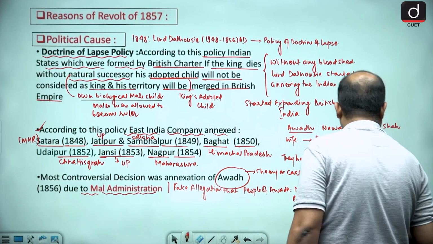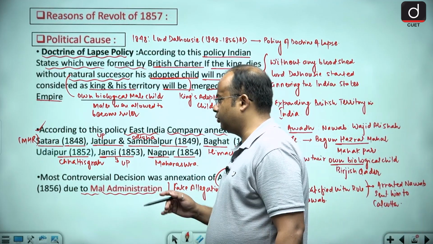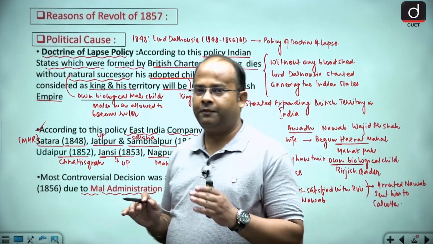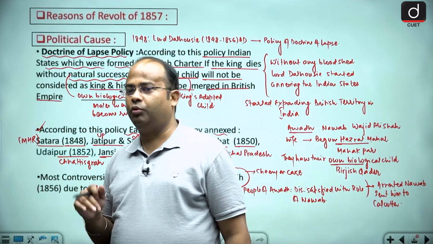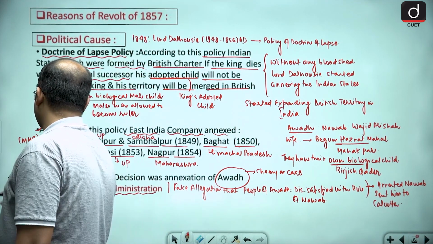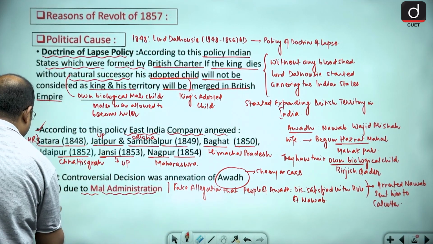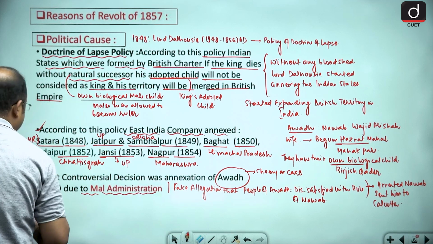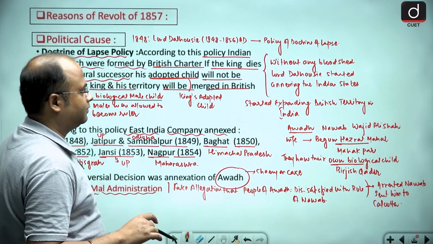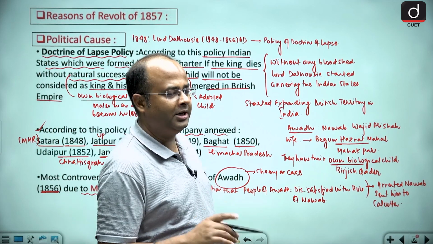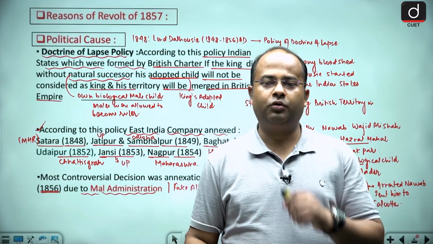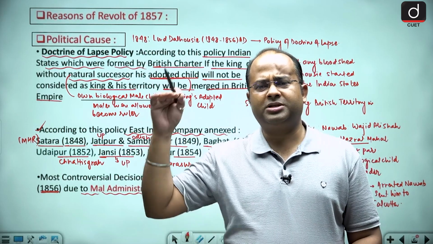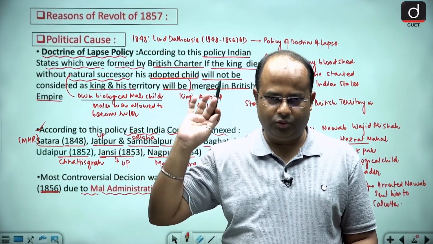The Nawab of Awadh at that point of time was Wajid Ali Shah. The most controversial decision taken by the British East India Company in 1856 was the annexation of Awadh on the ground of maladministration, which was completely fake news.